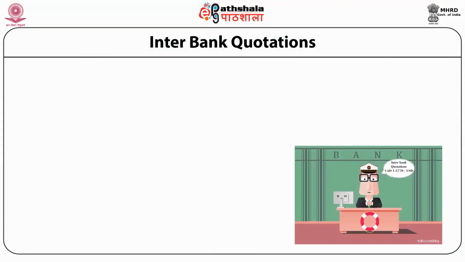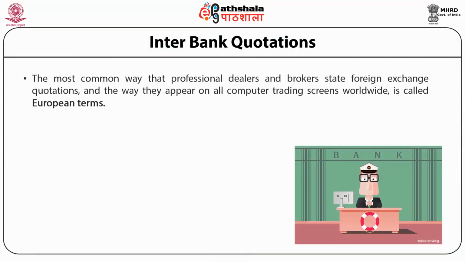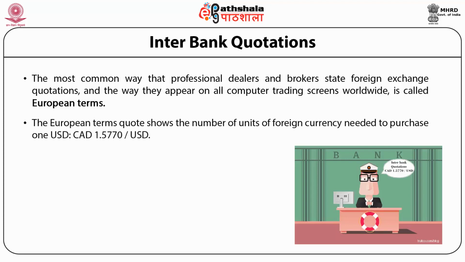Interbank quotations. These are the most common way that professional dealers and brokers state foreign exchange quotations, and the way they appear on all computer trading screens worldwide is called European terms. The European terms quote shows the number of units of foreign currency needed to purchase one US dollar.